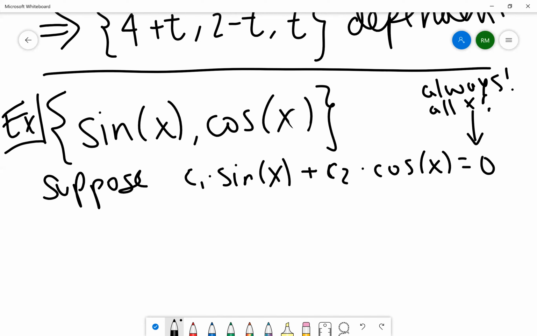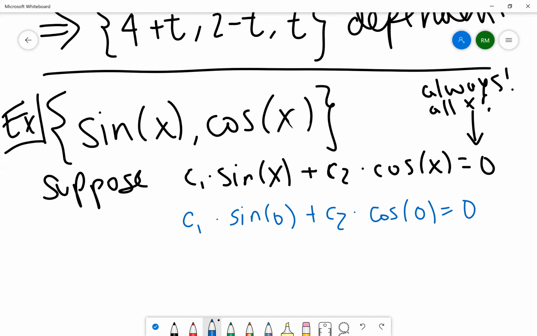If it works for all x, surely it will work for a couple x. So let's plug in some values. This would tell us that c1 times the sine of 0 plus c2 times the cosine of 0 equals 0. We know the sine of 0 is 0, and the cosine of 0 is 1. So c2 times 1 is 0. Okay, c2 must be 0.